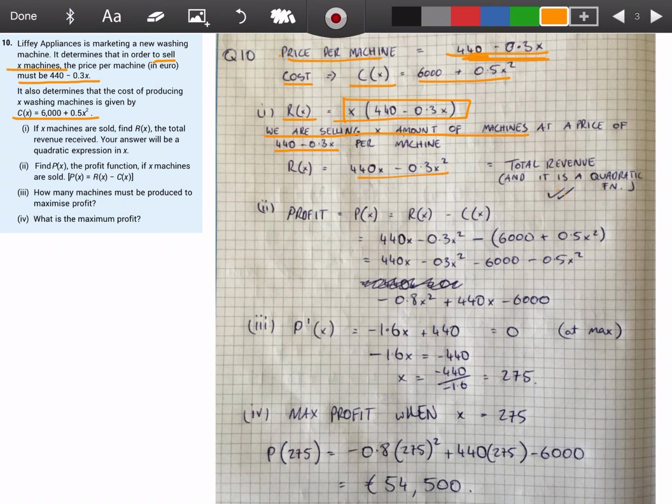Part 2. Find the profit function. And it tells me what to do. Profit is equal to revenue minus cost. All right. So I have all of those. Profit is going to be revenue minus cost. So I just fill that in.